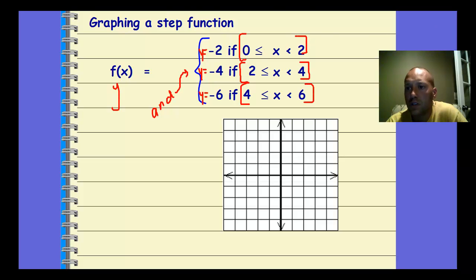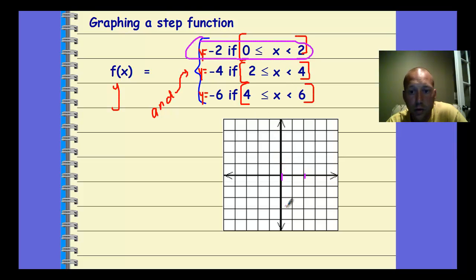So for this first one, let's do it color coded. We're going to look at this first one in purple. The domain, the x values, are between 0 and 2. So 0 is right here, 2 is right here. We want to see the equation y equals -2 between these two values.